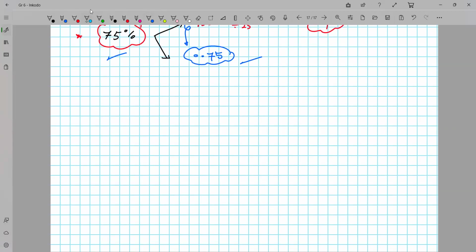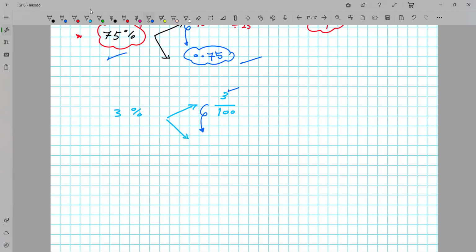What about 3%? How to convert it to the two forms? Fraction form, it's 3 over 100, and there is no simplification here. What about the decimal form? How to convert it? Of course, there is a simple way to convert it.